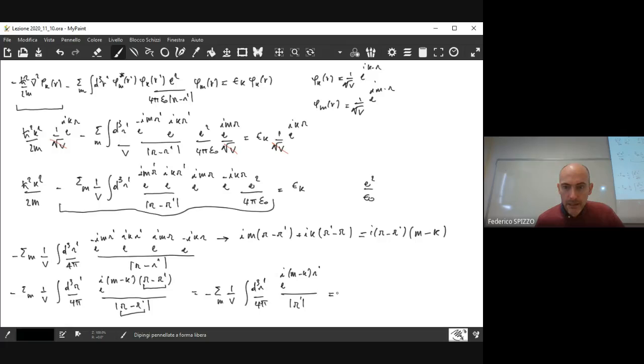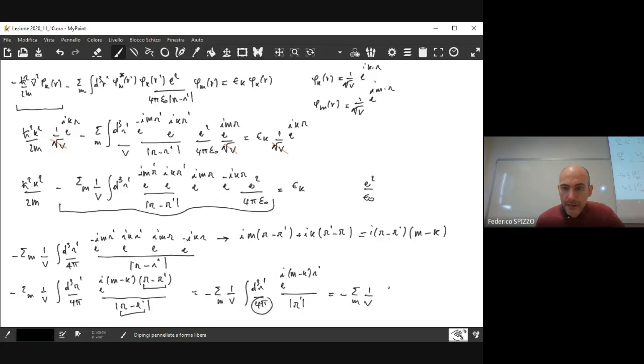So this can be written as a summation over m of 1 divided by the volume and the Fourier transform of 1 over r corresponding to wave vector q, which is 4 pi divided by q squared. So in this case, the 4 pi is included in the definition of the Fourier transform.